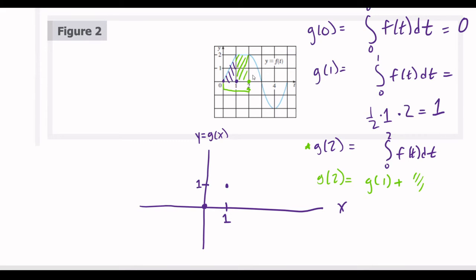This area was 1. So all we have to do is figure out this area here. This is a rectangle, base 1, height 2, so this is area 2. Then this is going to be 1 from g of 1 plus 2 from that green shaded region. Let's draw that on here. When I go to 2 now, I get 3.